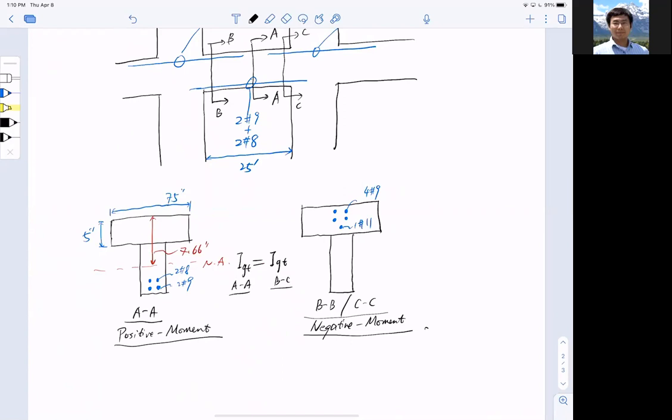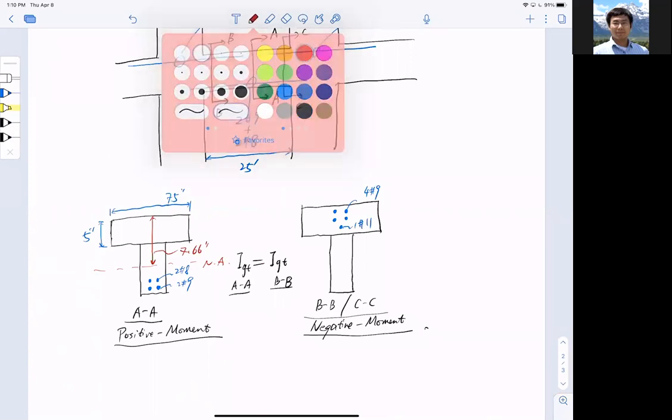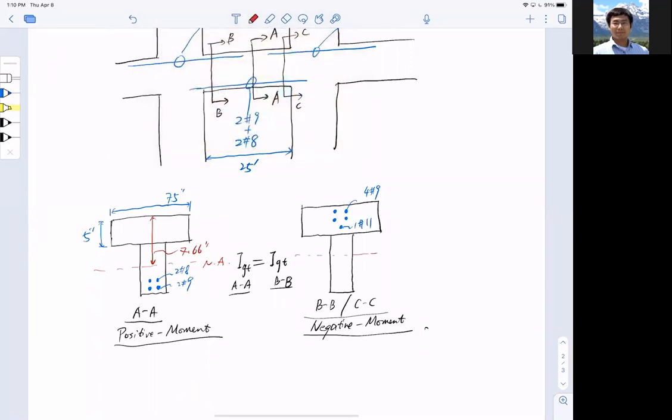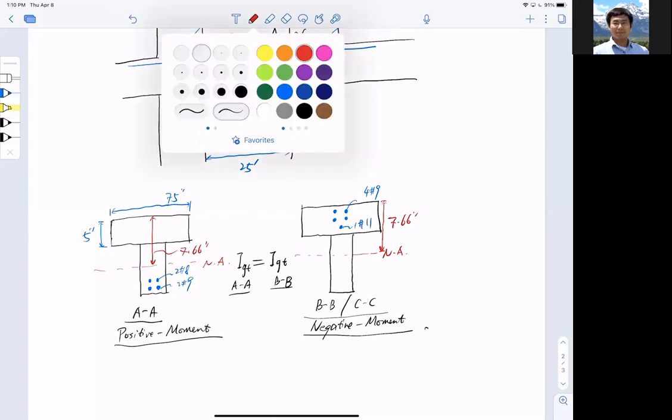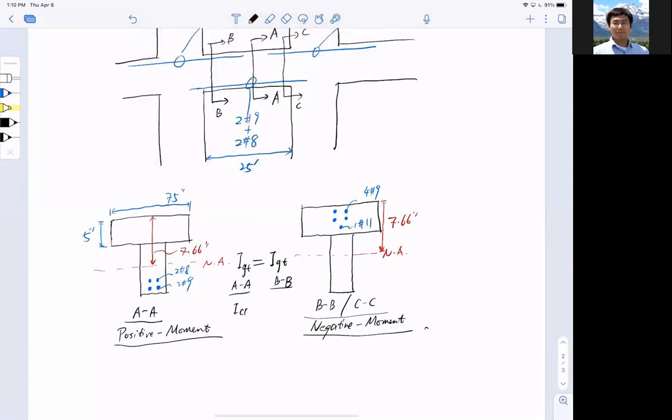Why is that? Because it doesn't matter if I do a positive or negative bending moment. The neutral axis stays the same, because it doesn't matter where you want to take your references. It's always the same neutral axis. The only difference here would be the cracking moment.